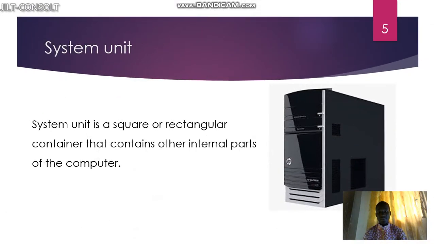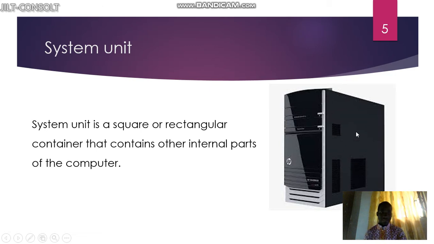Now, the system unit in a bigger picture is telling us that it is a square or rectangular container, as you can see here, that contains other internal parts of the computer. So as you are seeing the system unit right now, there are things in it that help the computer to perform.